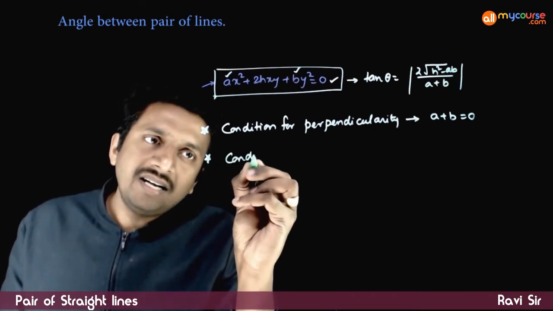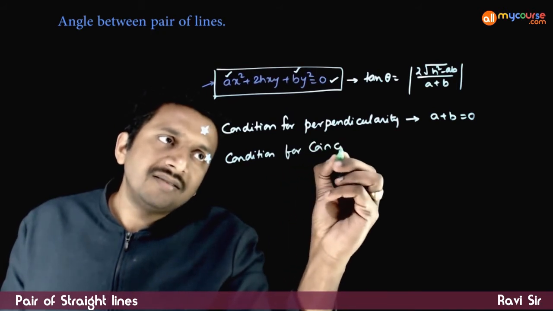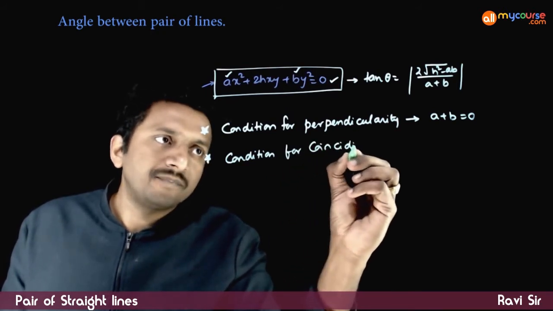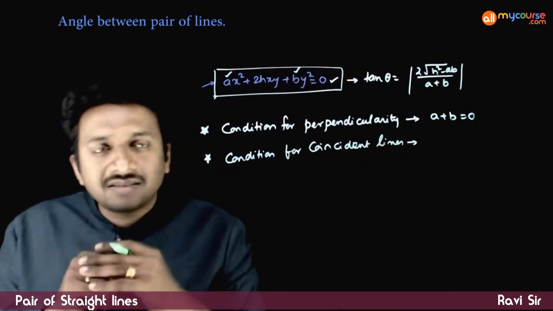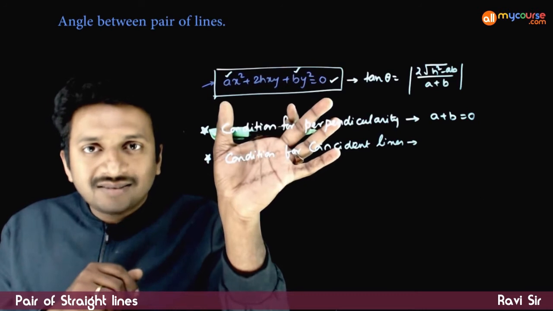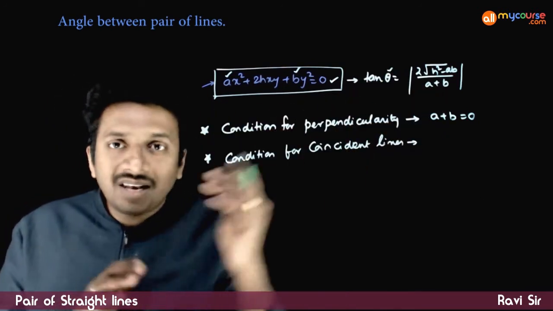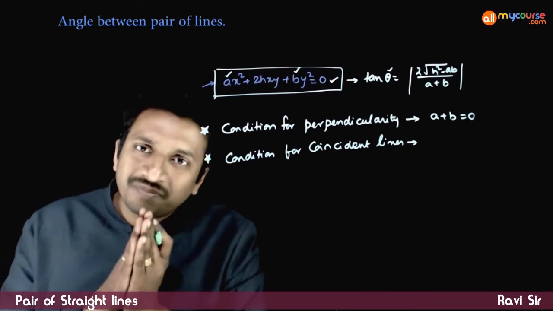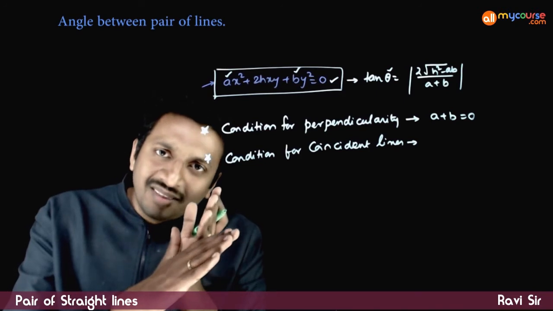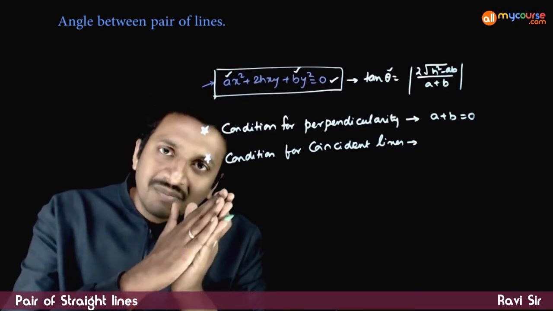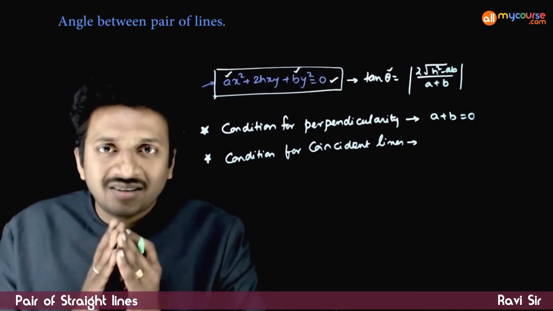And the condition for coincident lines. We know that both the lines pass through the origin, and if the angle between both lines becomes equal to 0 degrees, then obviously both the lines will be coincident, right?